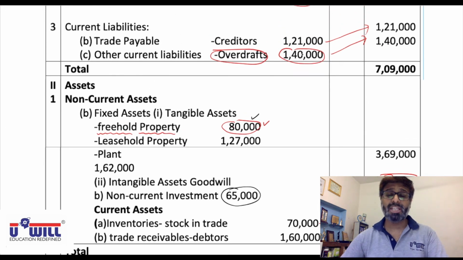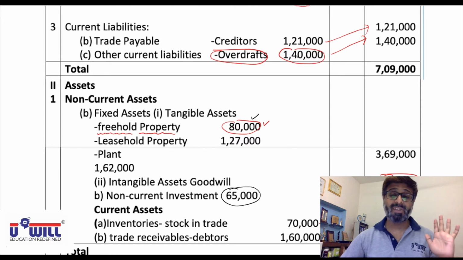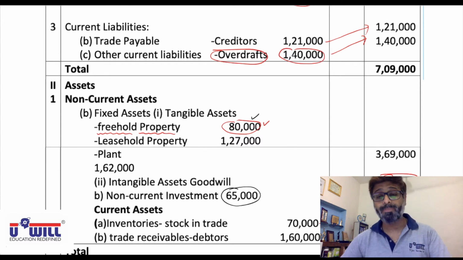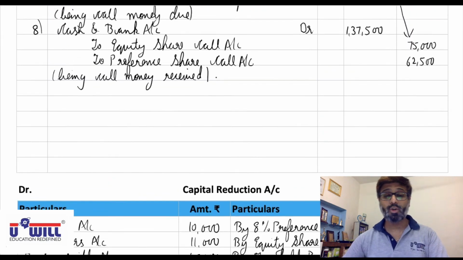And if we have by chance more than 1,40,000, then entire 1,40,000 we will pay off and the remaining will still be with us in cash and bank balance form. For knowing this, it is necessary to make cash and bank account. So let us make cash and bank account to find out how much can we pay towards bank overdraft.